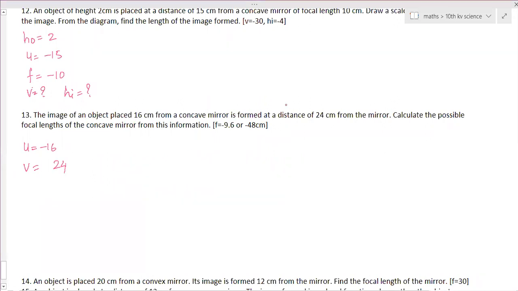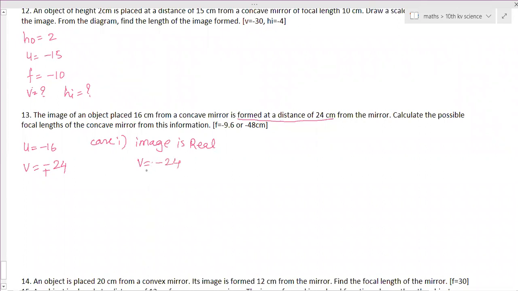They have not told whether it is a real image or a virtual image, so we have to consider both the possibilities. So it can be positive also and negative also. Case 1, image is real. If the image is real, what is the value of V? Plus or minus 24? Minus 24.